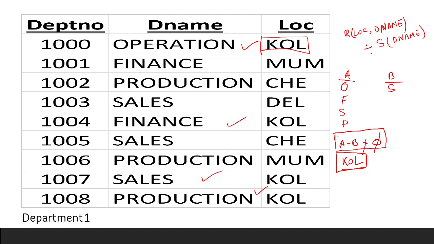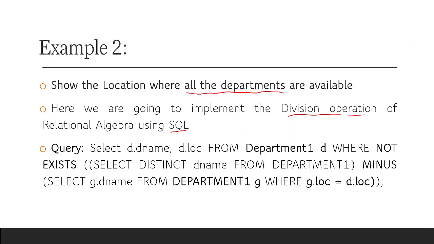Now the question arises, how are we going to check whether the inner query is returning a null relation, meaning an empty relation, or some tuples. That can be done using the clauses EXISTS or NOT EXISTS. These are the clauses we use to check whether the inner query is returning any value or not.